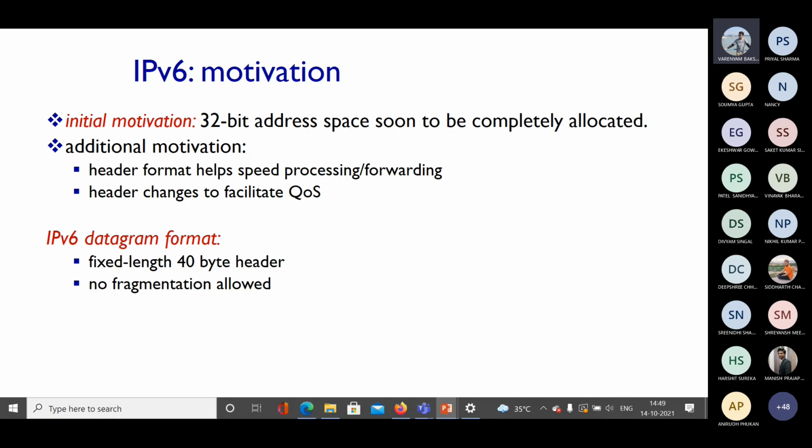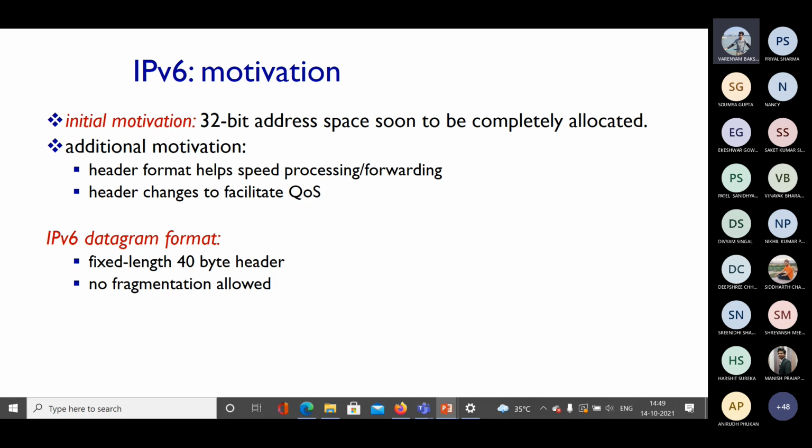So apart from this very large address space, what are the advantages that IPv6 gives? The header format helps faster processing of forwarding. We will see what is the difference in the header part of IPv6 and IPv4.